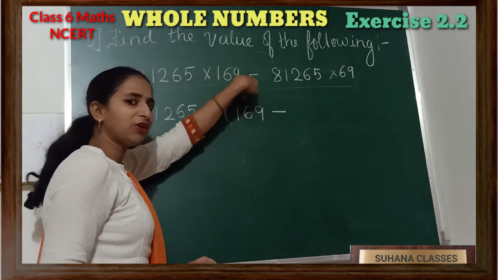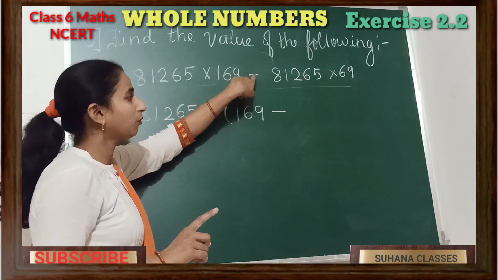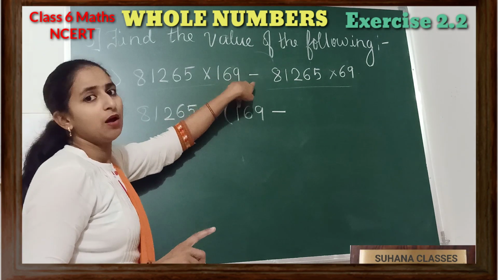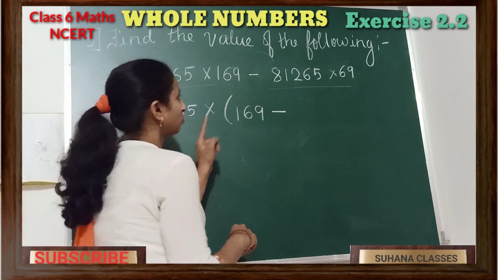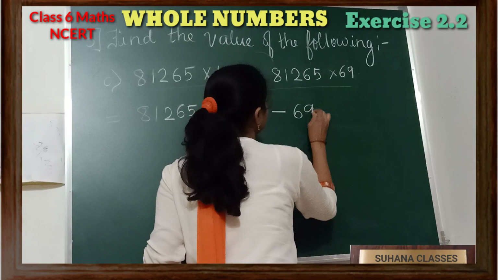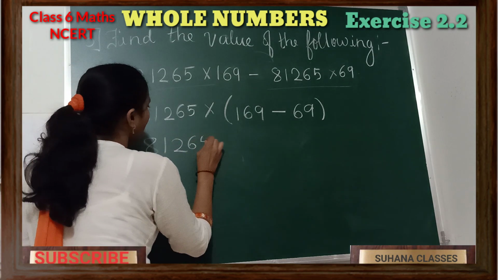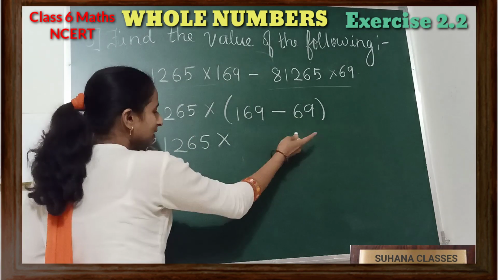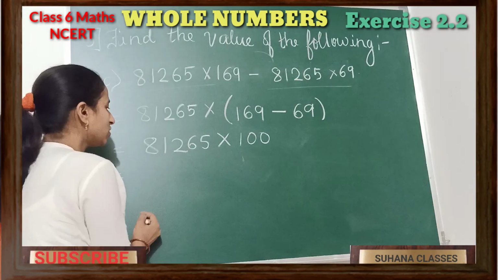In the previous question we saw an addition sign, but here we can see a minus sign. So minus, and here 69. So 81265 into (169 minus 69), which is just 100, and the multiplication is much easier.